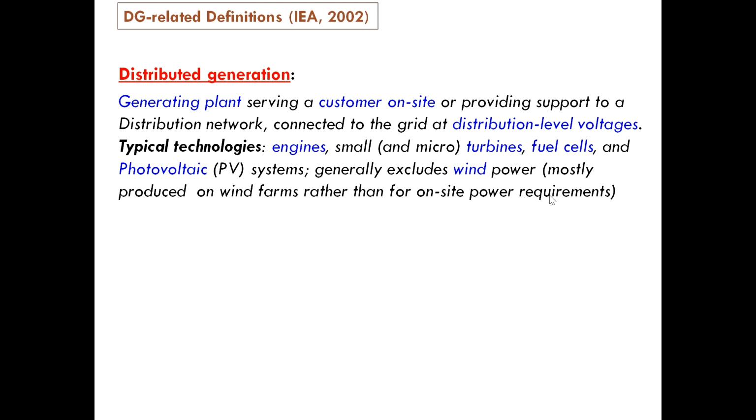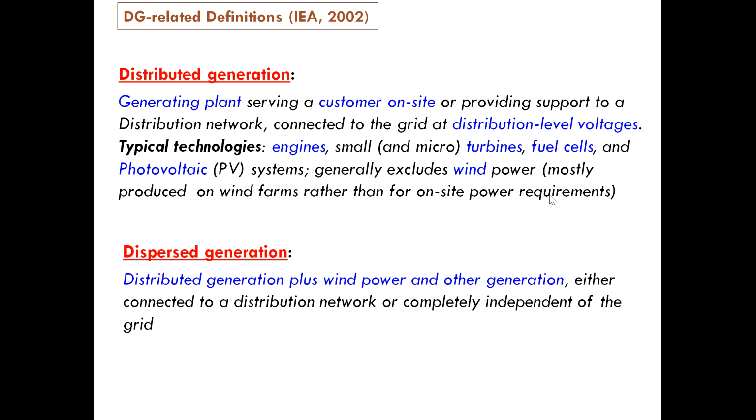Some of the technologies, we have a variety of engines, fuel cells, photovoltaic, and according to this definition, large-scale wind power generation is excluded from this because that is usually connected to the high voltage system.